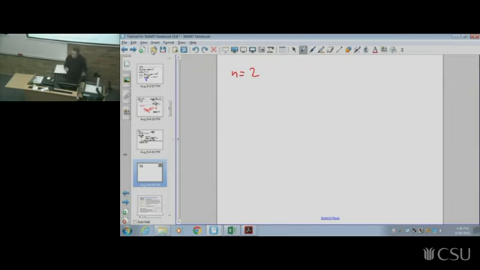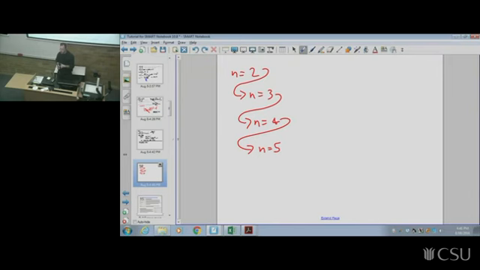So what I want to do is use the inductive step to show that it's actually true for n equals 3. And when I know it's true for n equals 3, I want to use the inductive step a second time to prove it's true for n equals 4. And then repeat. So the inductive step really is just a way of going from one value of n to the next one. That's all it really does.